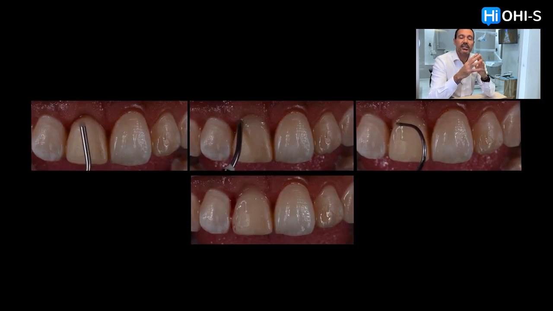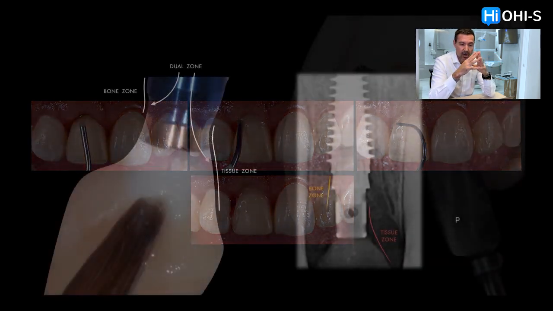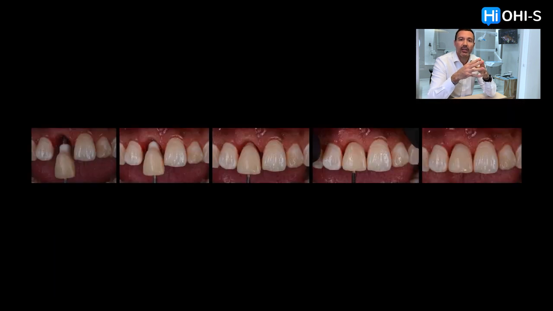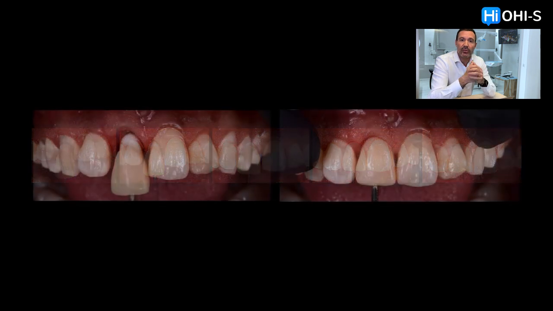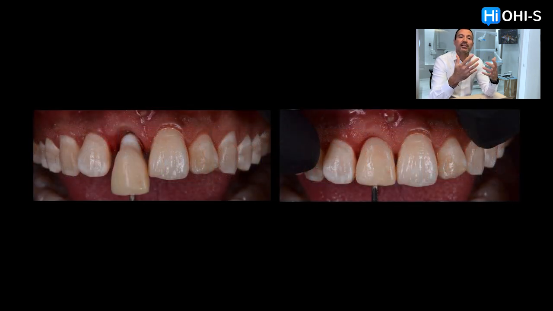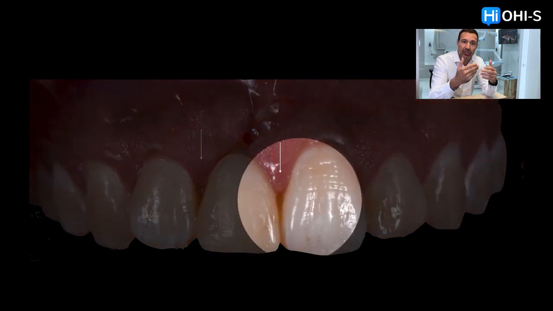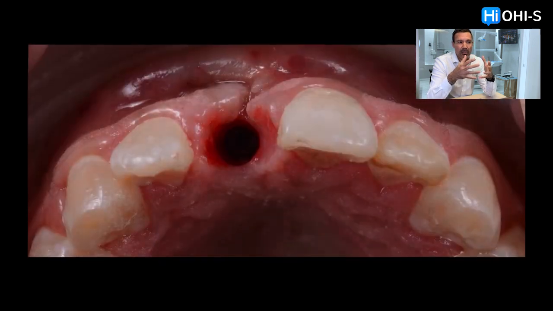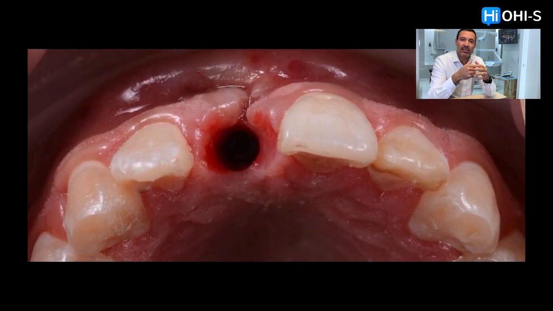And obviously the complications associated with immediate implant placement in the wrong place, at the wrong moment, or in the wrong case. Soft tissue management: learning techniques to manage the soft tissues will allow us to be more predictable and much more efficient when doing these kinds of techniques.